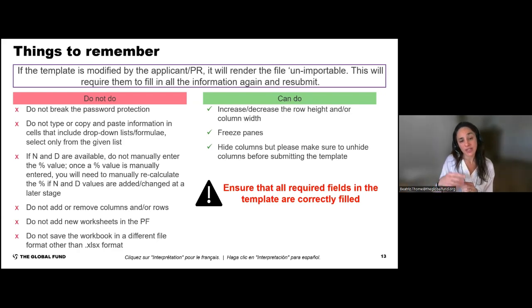In which case, please remember that when time evolves and you have a new performance framework during grant making or during a performance framework review or revision, if you can add the numerator and denominator, just remember that you have to let the formula calculate the %.